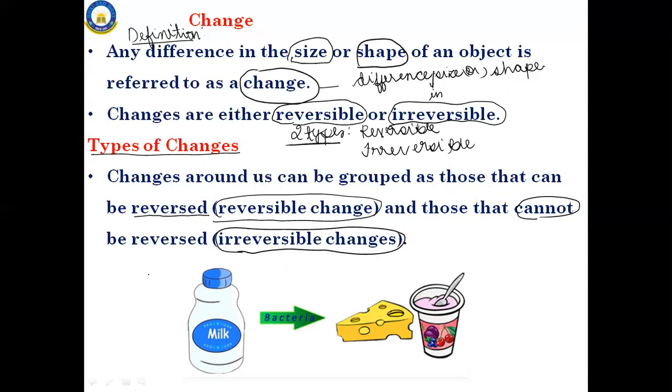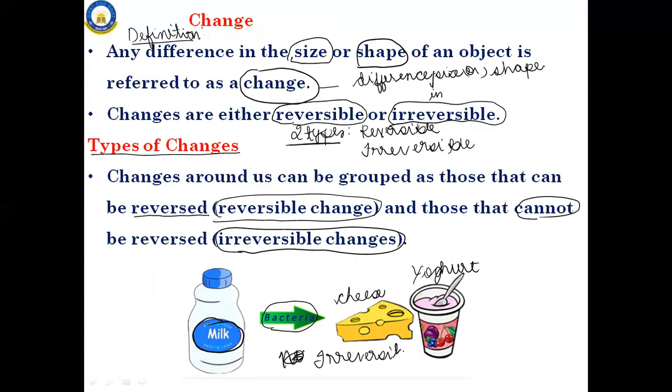Those that cannot be reversed are called irreversible change. Here, if you can see, there is milk, and this milk, on the action of bacteria, will convert into cheese, and it will also form yogurt. Can I get cheese and yogurt back to milk? No. So this is an example of irreversible change.